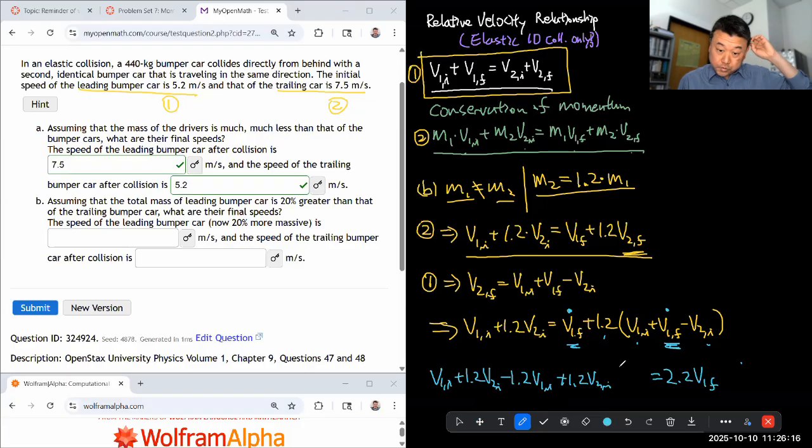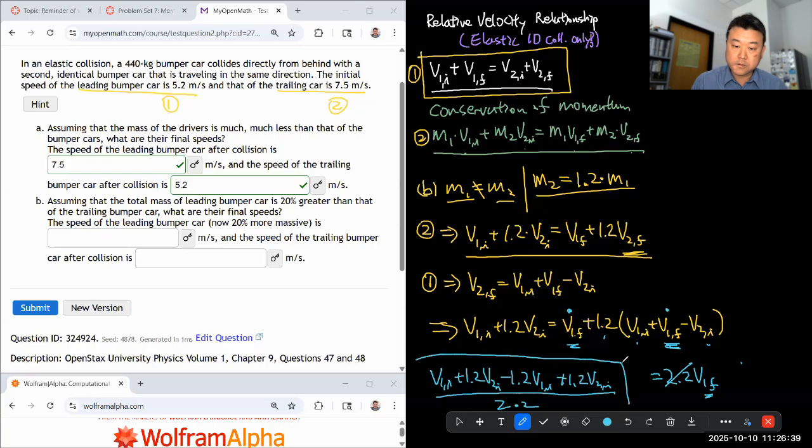And I could do more math to simplify this, but let me just be a little bit lazy and just get to this numerical answer as quickly as I can. So for that, all I have to do is divide both sides by 2.2 to get rid of this. Then what I have here will give me the numerical value that I can plug in and get a correct answer. So let me do that.